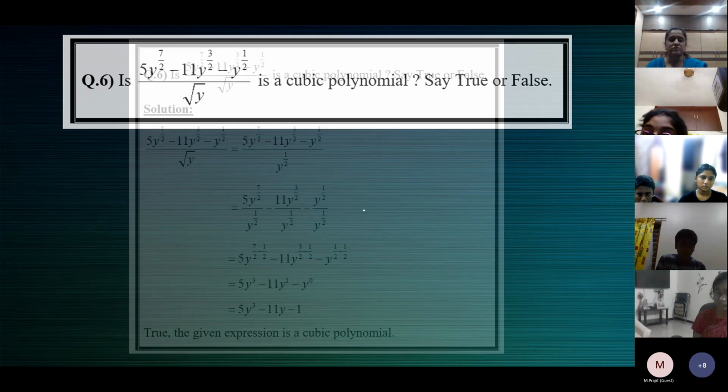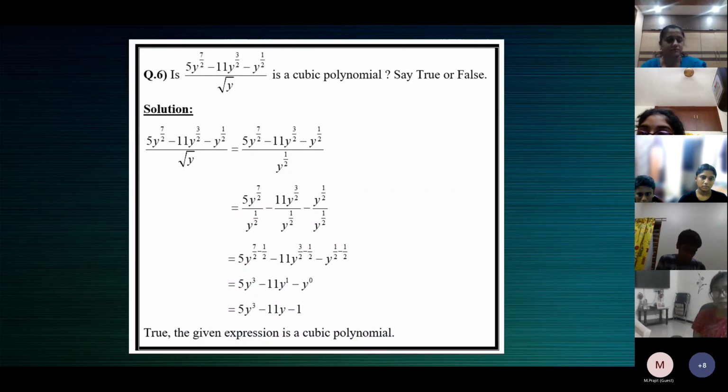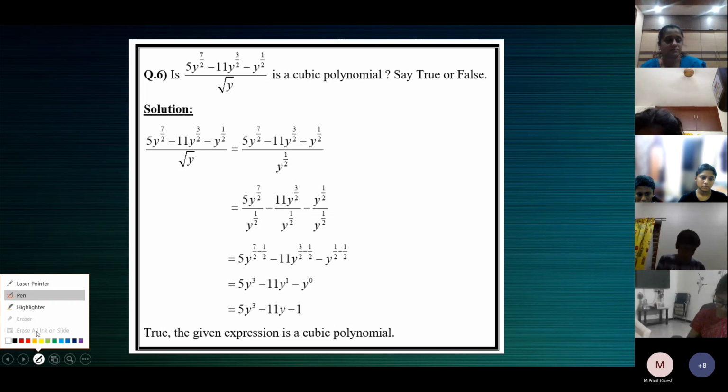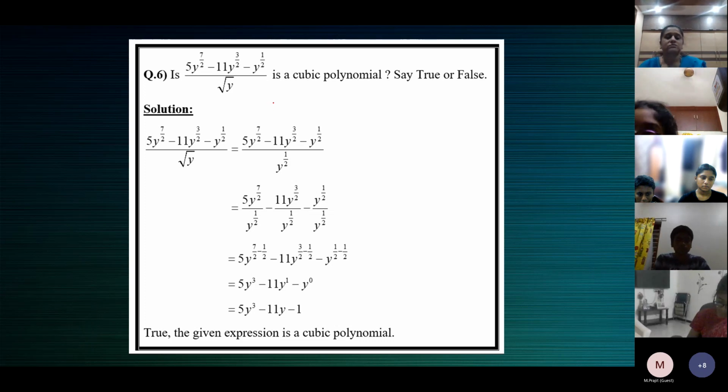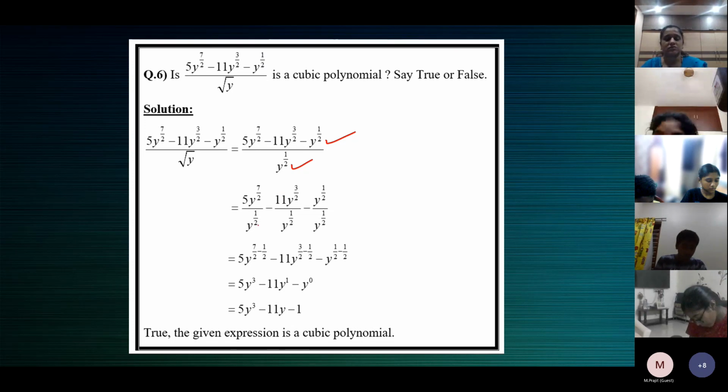I'll show you the working here. Every term in the numerator is divided by y to the power 1 by 2.